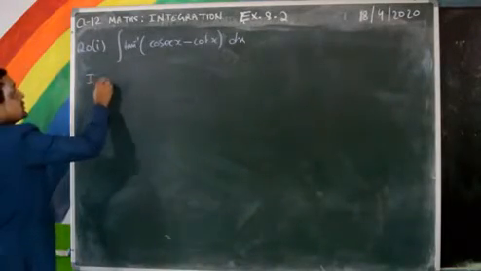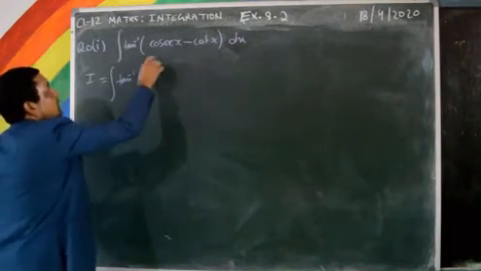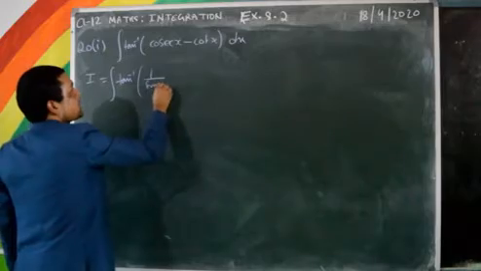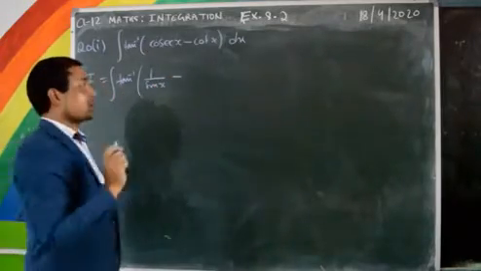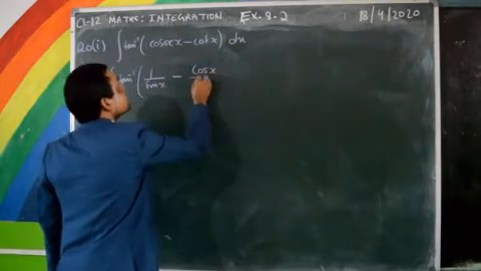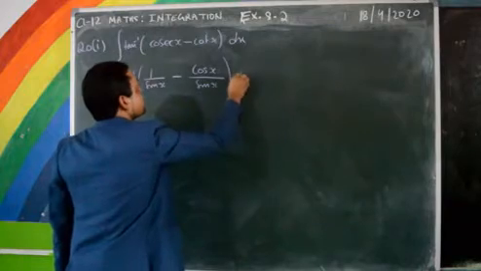Now I equals tan inverse of cosec x, which means 1 by sine x, then minus cot x. Cot x means cos x by sin x, bracket close, dx.